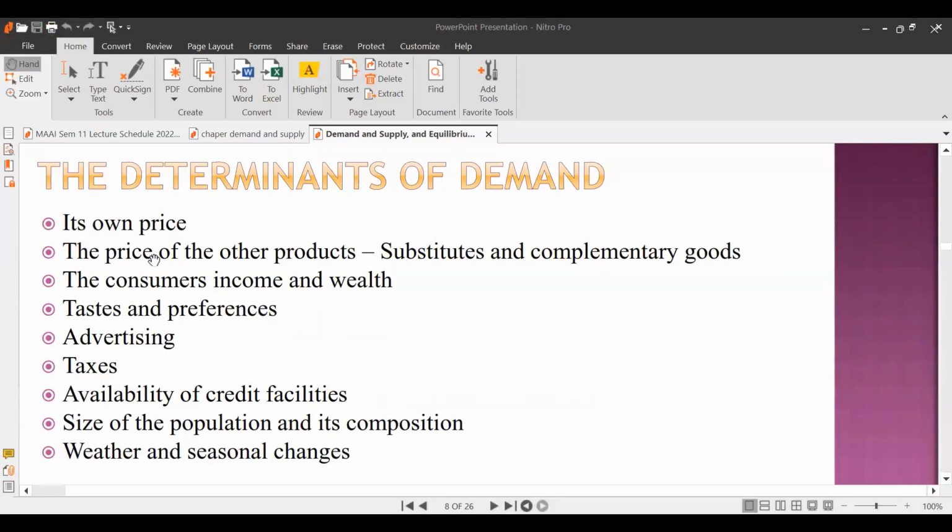Then the prices of other related products. So what does this mean? The prices of other related products. That means we can identify two different types of products here. One may be substitute products. Right? Substitute products.